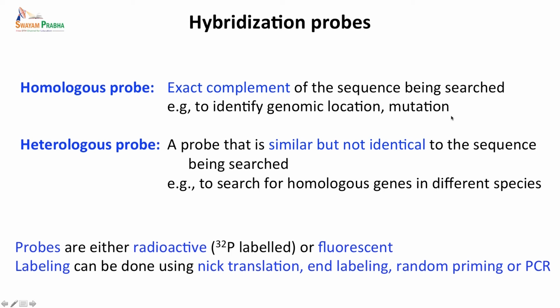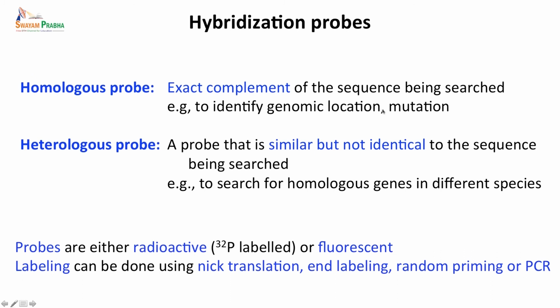Say you have a mouse gene, you have a partial fragment of that gene, and now you want to pull out the entire gene. So you make a probe out of that fragment that you have and screen a genomic DNA library, and you can pull out the entire gene. This is also done to identify the genomic location of different genes.